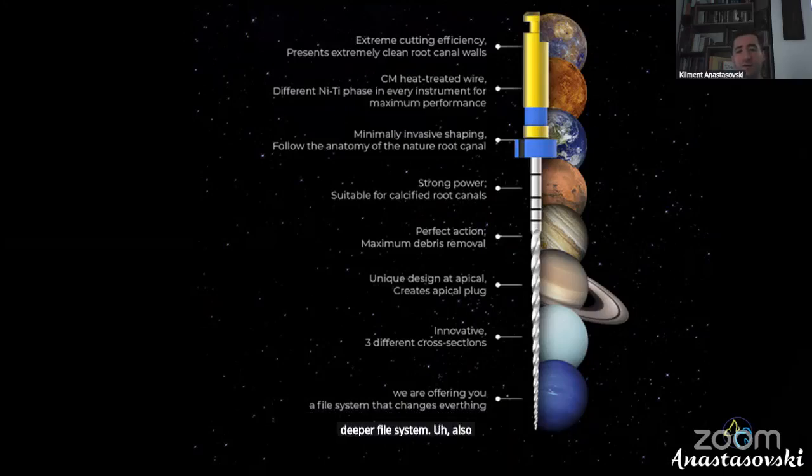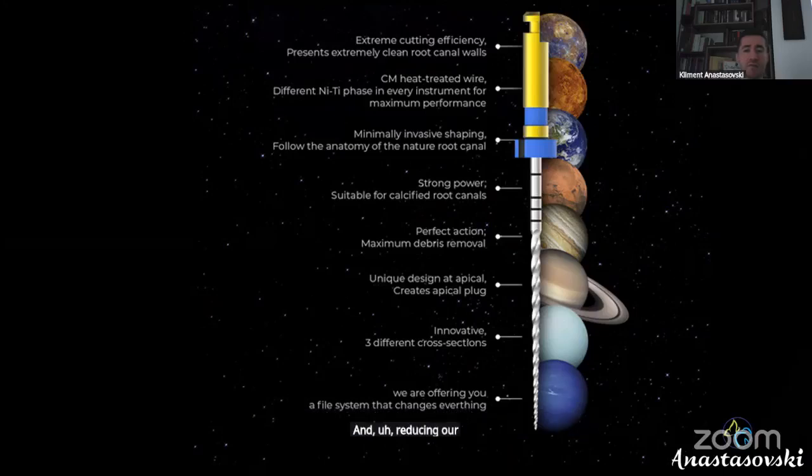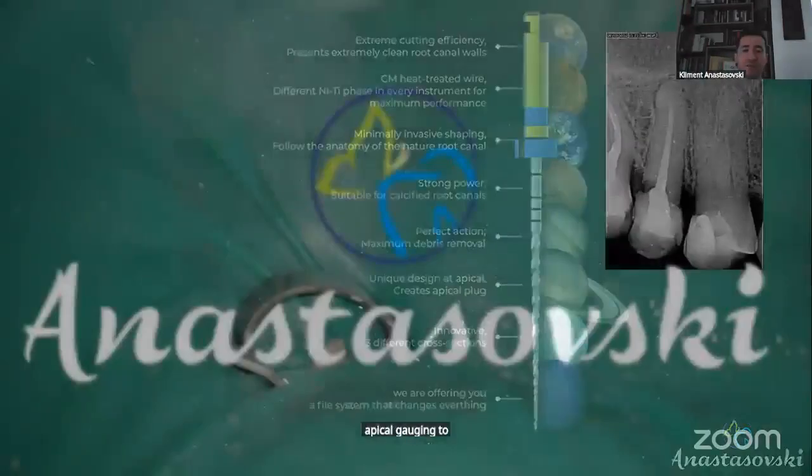Also, do not forget the special design at the apical part that permits us to create an apical plug while we are shaping the root canal system, reducing our time at the later stage where we do the apical gauging to fit the cone afterwards.